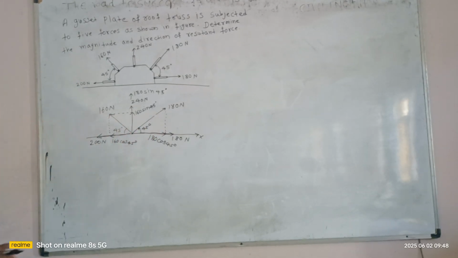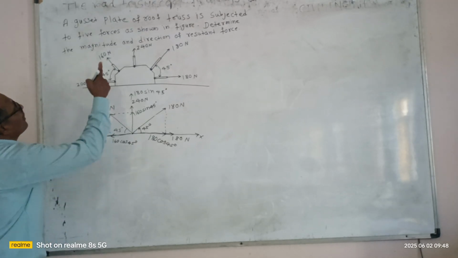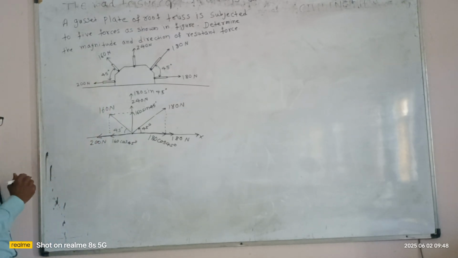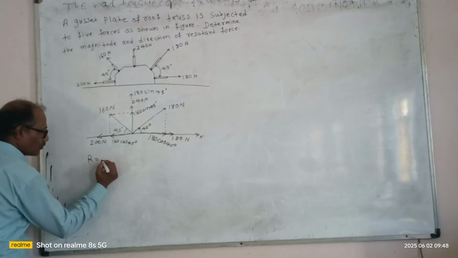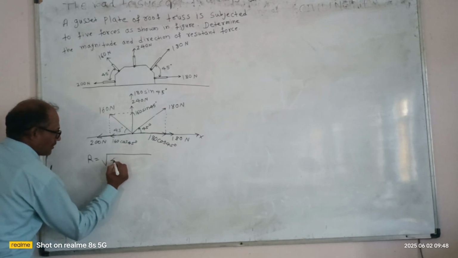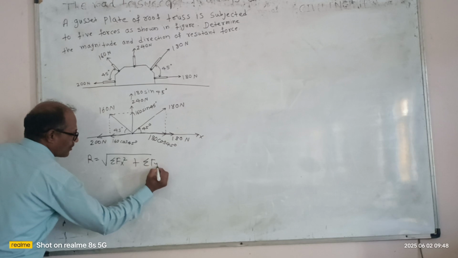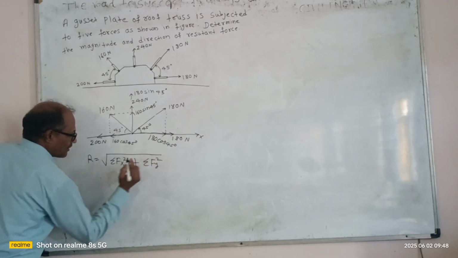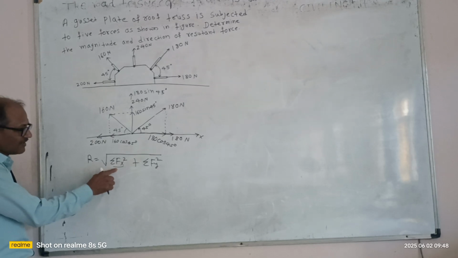Okay. Now, the formula to find the resultant is like this. R means resultant. R is equal to the square root of summation of Fx squared plus summation of Fy squared. Here, summation of Fx means the algebraic sum of all forces in the x direction.